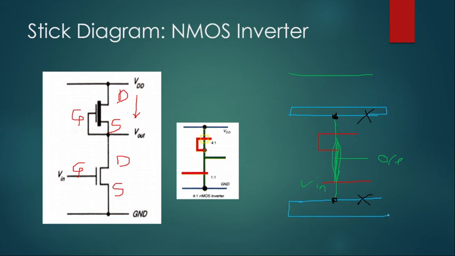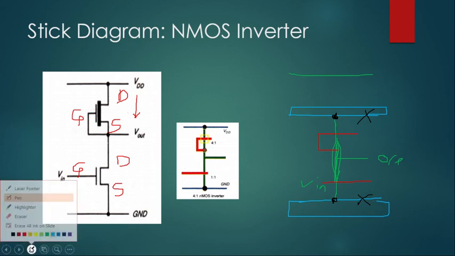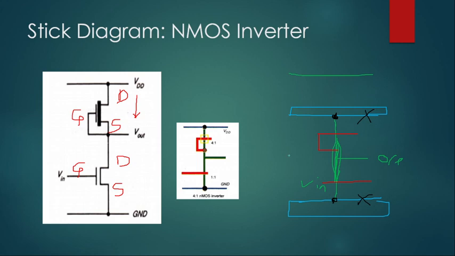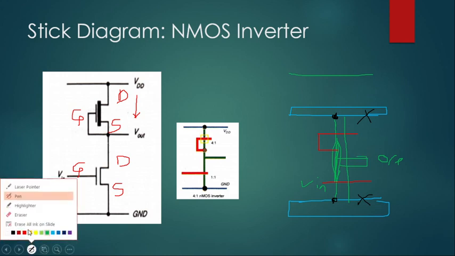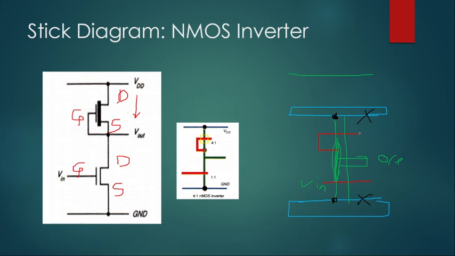The blue color line will show your metal, and then you have green color, so make a rectangle for green. See how easy it is if you know how to make the stick diagram to make the layout. This green will be extended and this will be extended, so this will be your diffusion. And for polysilicon you have red color, so if you make this stick diagram in the form of rectangles, it will become the layout.